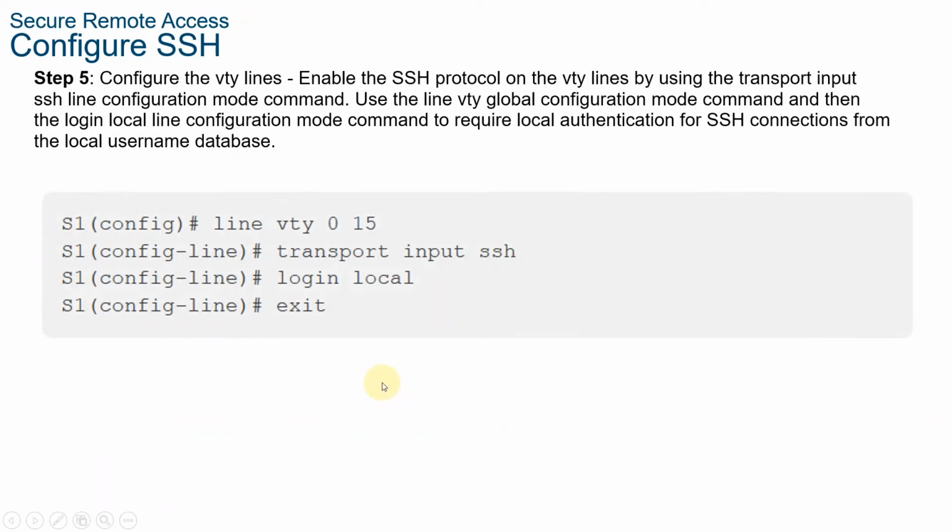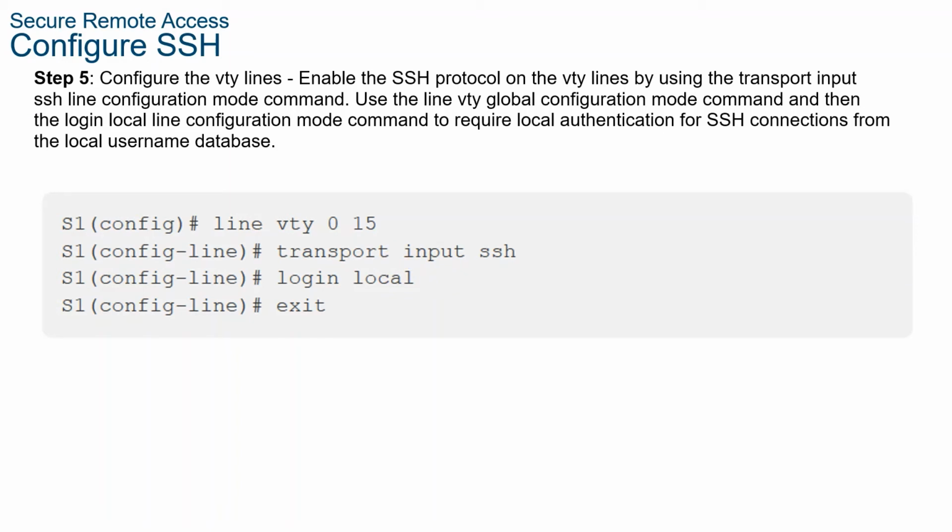Step number 5, configure the VTY lines. Enable the SSH protocol on the VTY lines using the transport input ssh command. Now the Catalyst 2960 has VTY lines ranging from 0 to 15.